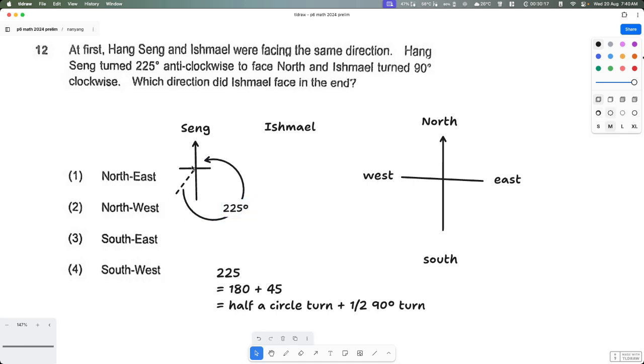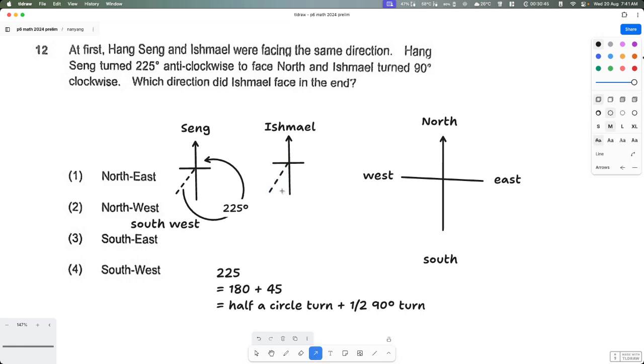Anti-clockwise. So they were facing both on west, south over here, right? Which is where they were. Southwest, sorry, southwest. So that means for Ishmael, if I were to copy this, he turned 90 degrees clockwise. So that means he was here as well. Okay.